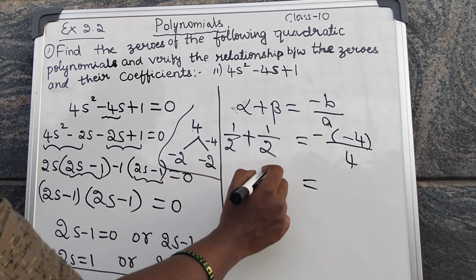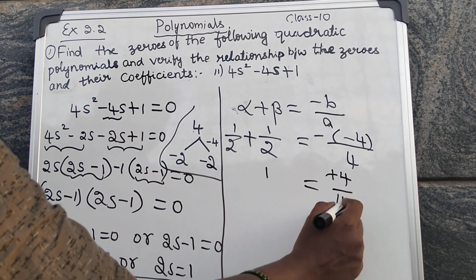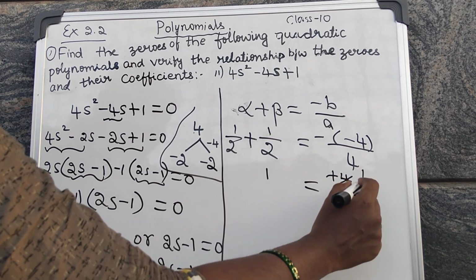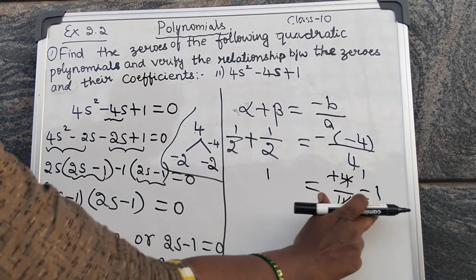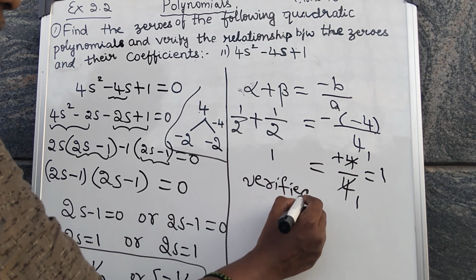Half plus half is 1, minus into minus is plus, 4 by 4 cancels, which equals 1. So 1 equals 1. This is verified.